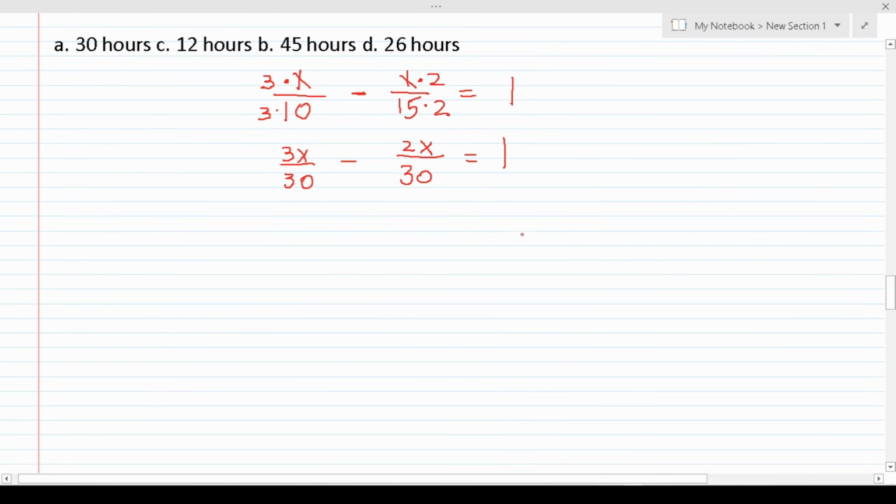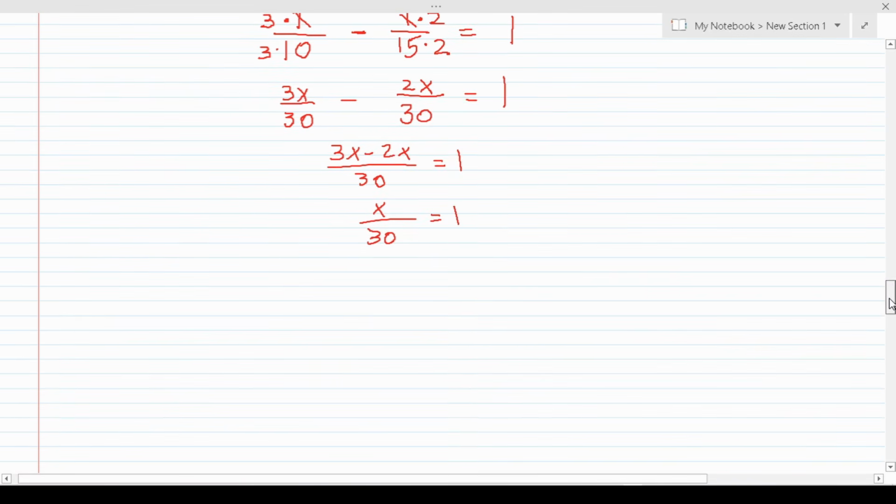Now we can simply solve this. When you subtract fractions, you simply do this: 3x minus 2x over 30 equals 1. 3x minus 2x is just x over 30 equals 1. We want to get x by itself, where x refers to the time it takes to fill the swimming pool.